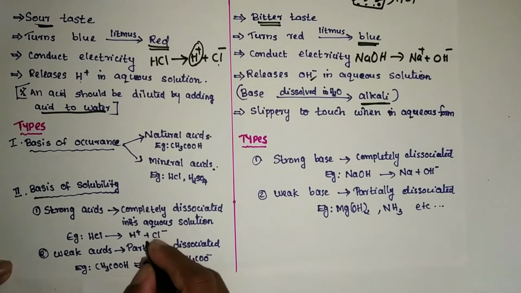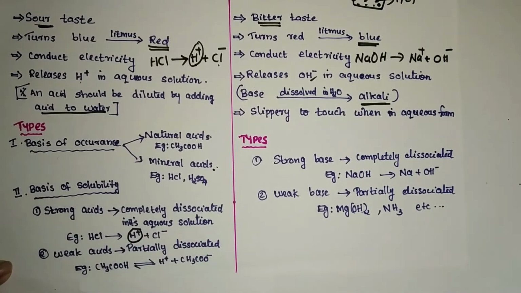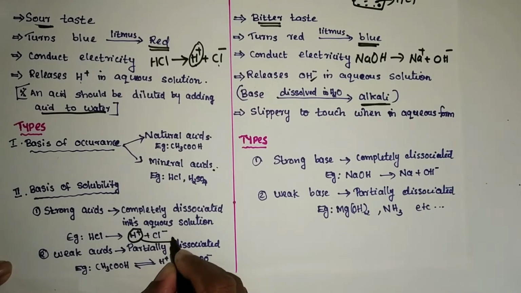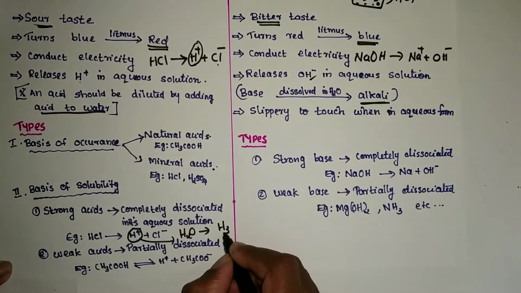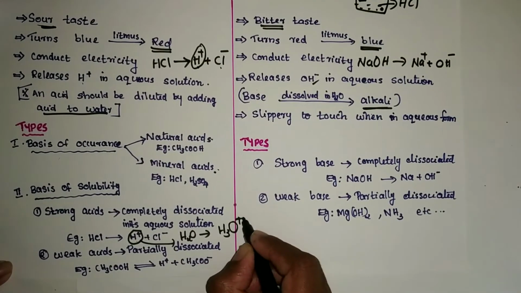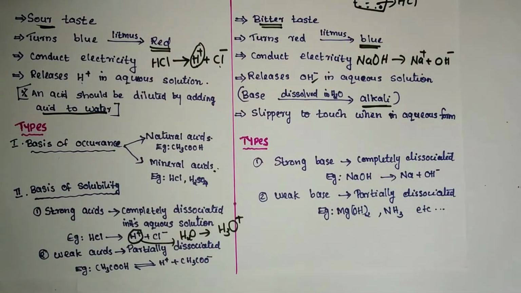Here this hydrogen ion is not stable, so it cannot stay like H+. It will combine with H2O and form H3O+, which we call hydronium ions.